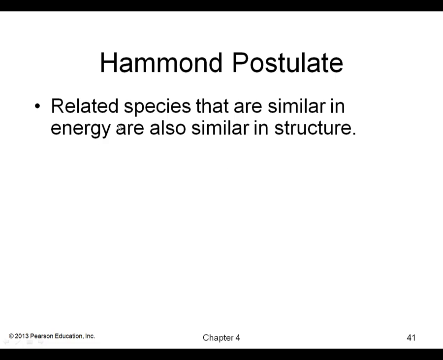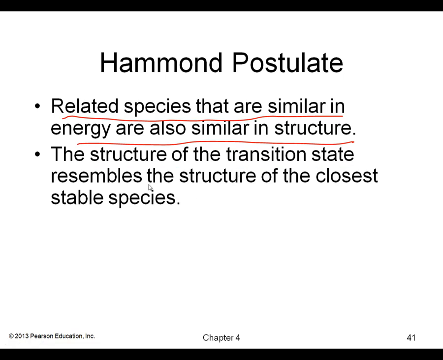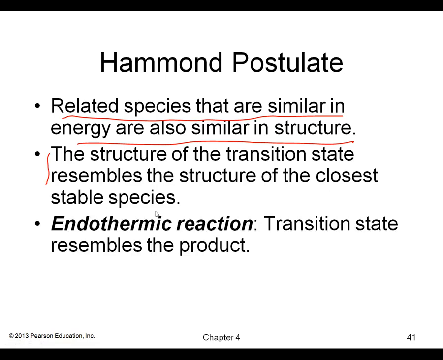And so this introduces us to what's called the Hammond Postulate, which states that related species that are similar in energy are also similar in structure. And here it is: the structure of the transition state resembles the structure of the closest stable species.